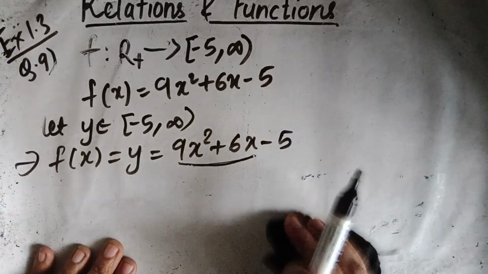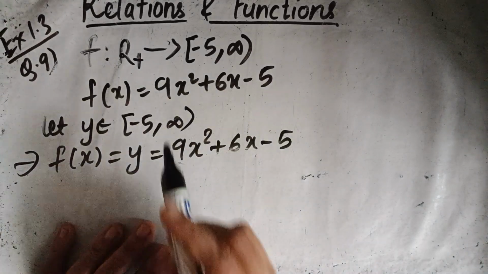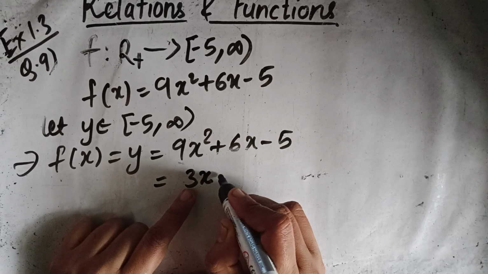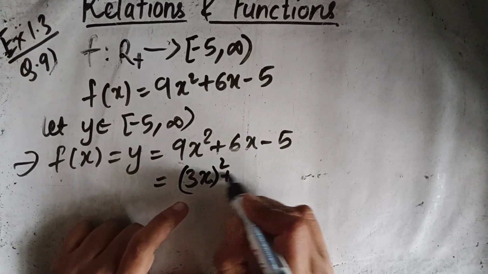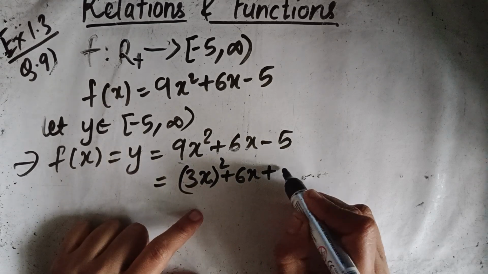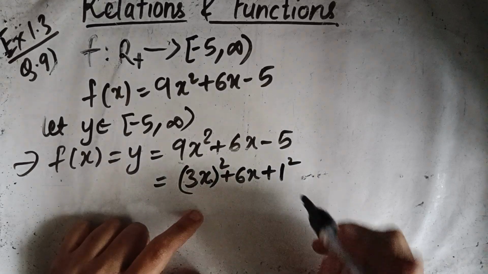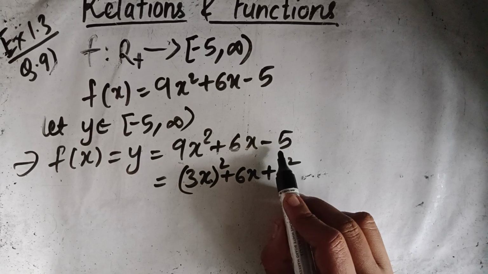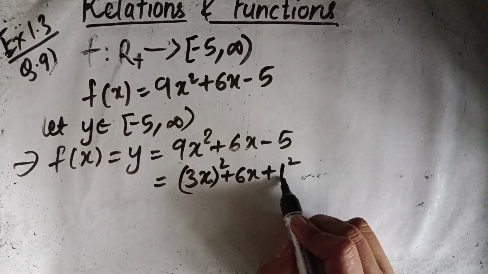So I'll write this as 3x the whole square plus 6x plus 1 square. Minus 5 you have to split in such a way that this 1 remains.